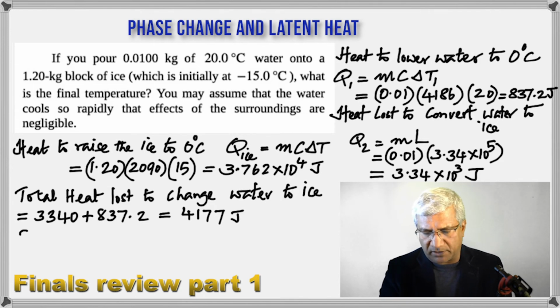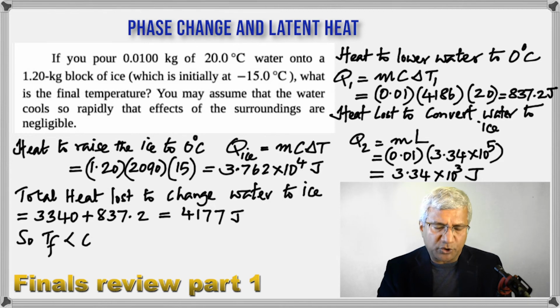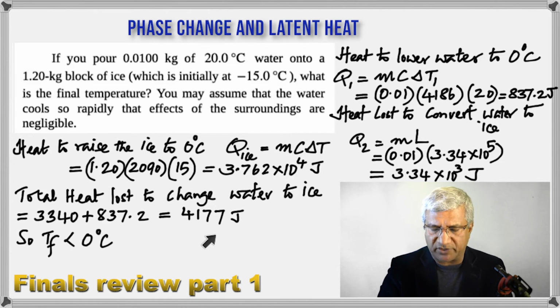So let me pick this up from there. So surely the final temperature is less than 0 degrees Celsius. How do we know that? Look at this. The total amount of heat available is 4,177 joules. But to heat the entire block of ice to 0 degrees Celsius, you actually need a lot more.